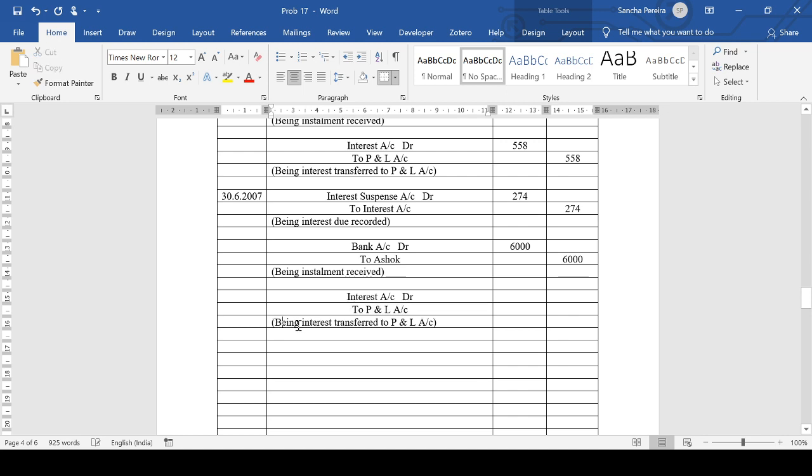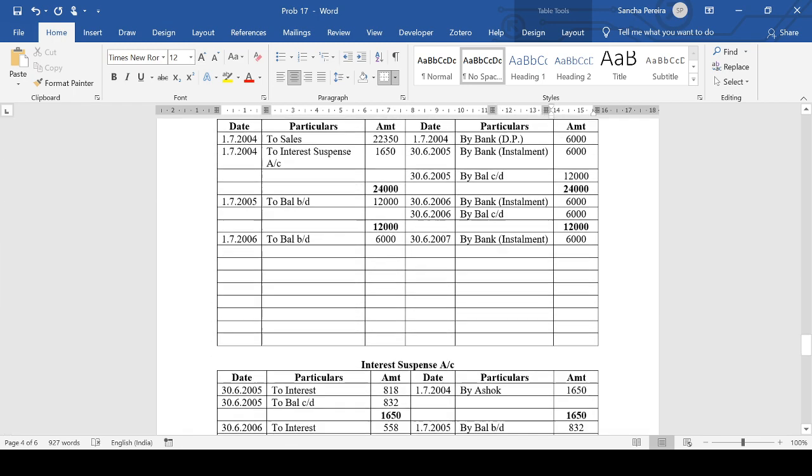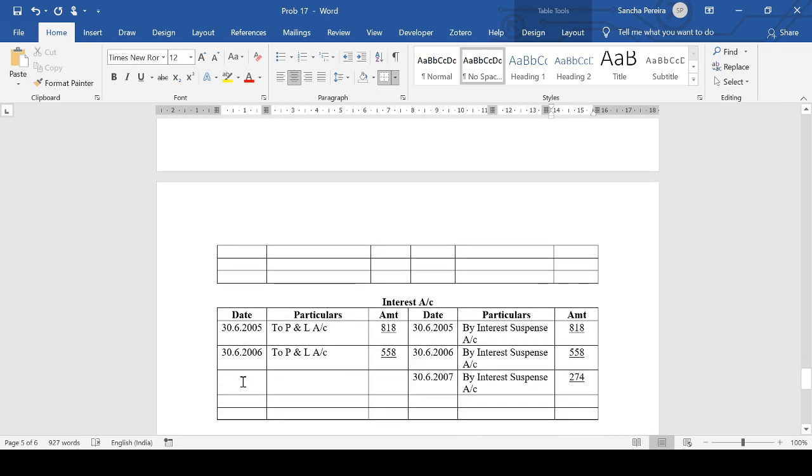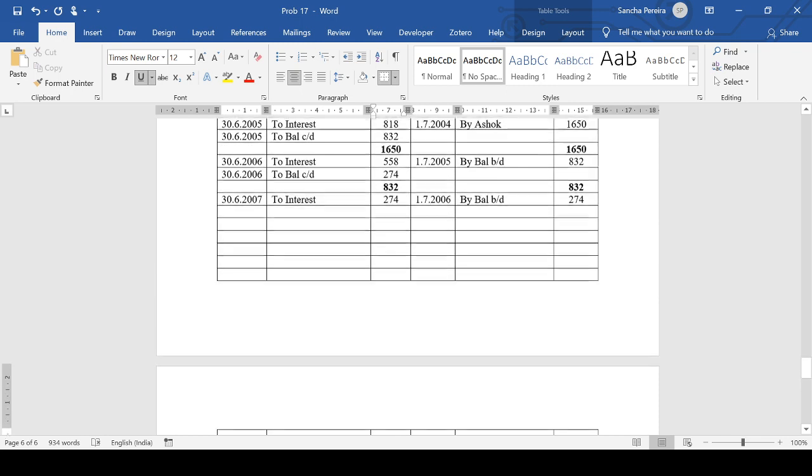So interest account debit to P&L account 274. So here you will have 30th June 2007 to P&L account 274. So if you check, all your accounts are closing.